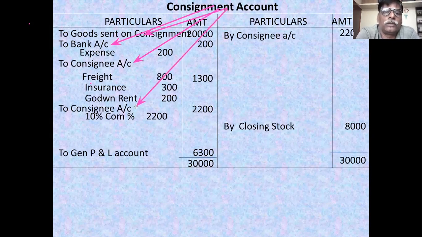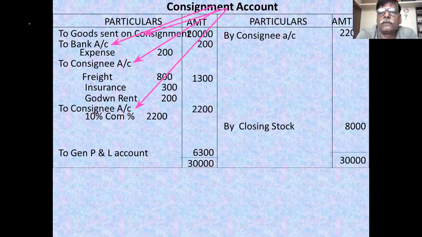And fourth entry is for commission allowed to consignee. Consignment account debit to consignee account, 2,200 debit, 2,200 credit, being commission allowed to consignee. Fourth entry, debit side completed.